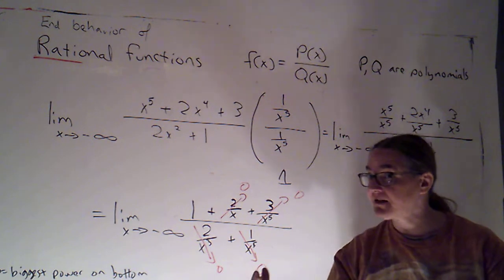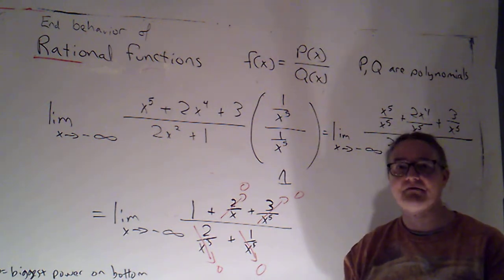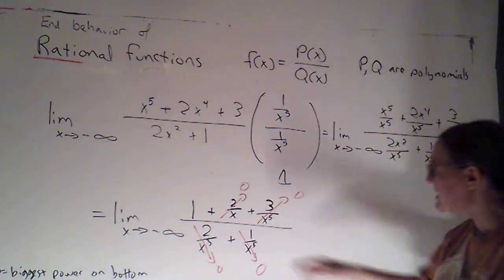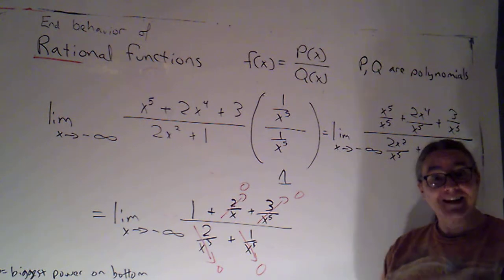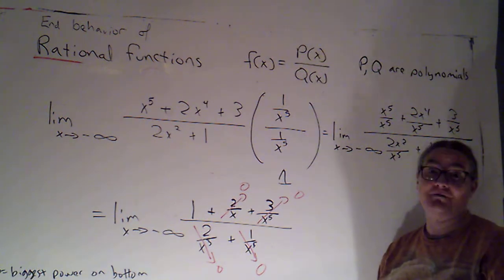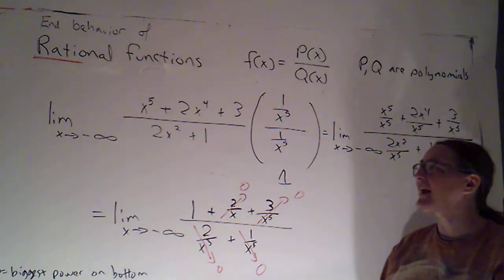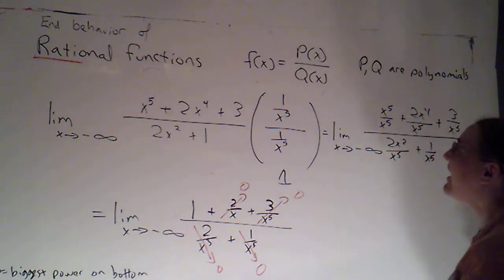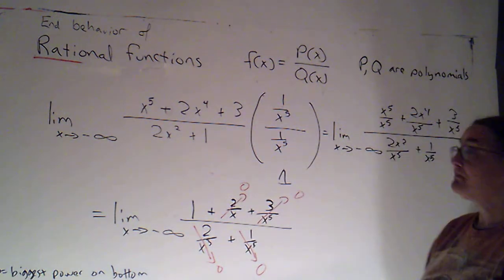That's going to be either a positive number or a negative number. I'm going to still have information about the sign of that. If all I know is that the bottom is going to 0, I can tell that this fraction is going to be going off to infinity or negative infinity, but I don't know which one. So that's why I want to use the biggest power on bottom rather than the biggest power on top.